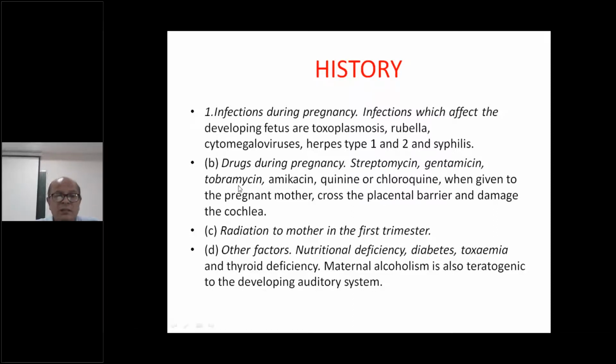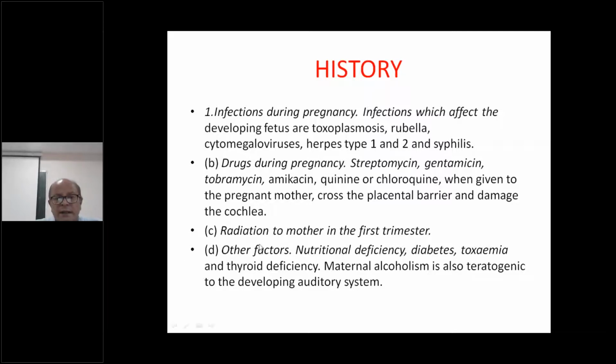Tobramycin, amikacin, gentamicin, streptomycin are all injectable. So you can ask whether they have been given any injection or not. Quinine and chloroquine have tablet forms, but these others are all injections; they don't have any tablet form. So you ask whether they have taken any injections or been given any by a quack.